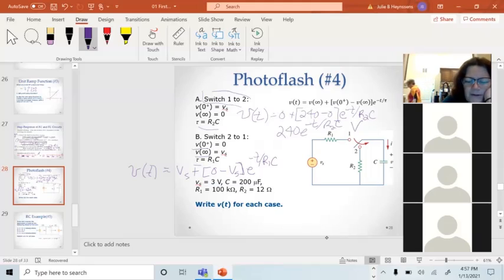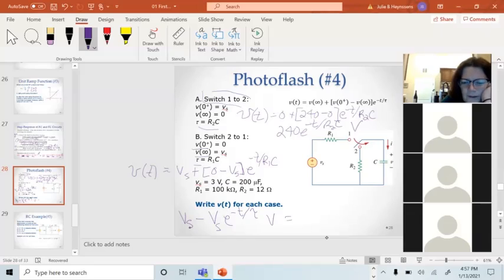So if I simplify that a little bit, I get Vs minus Vs e to the minus t over tau. It will be in volts.